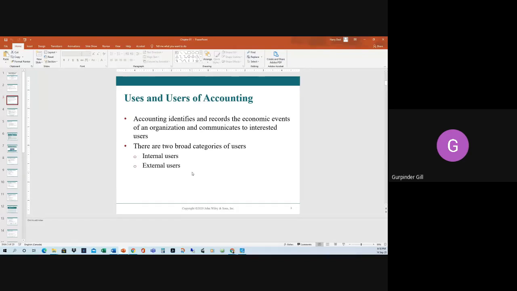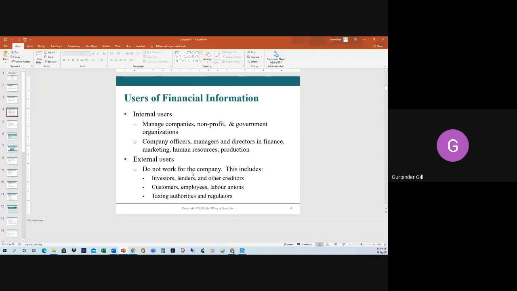Now, when these financial statements are put out into the market, there are different types of users that will be using them. In terms of the users, there are internal users and external users. Internal is anyone who is employed by the business, works from an internal perspective, and sees the information firsthand before it goes out. On the other hand, external users are outside the company and do not see the firsthand information.